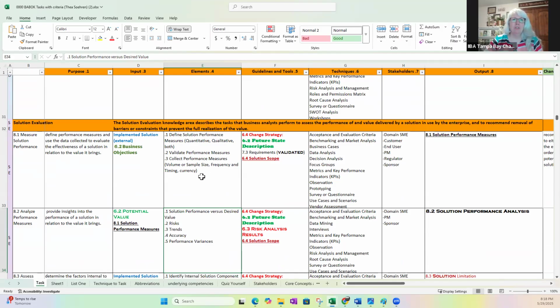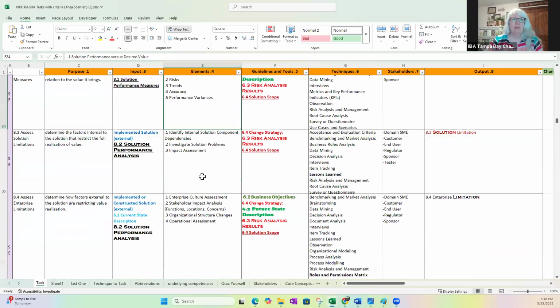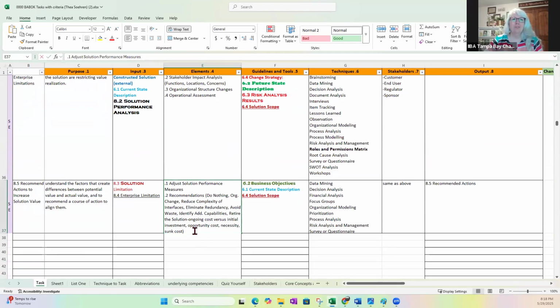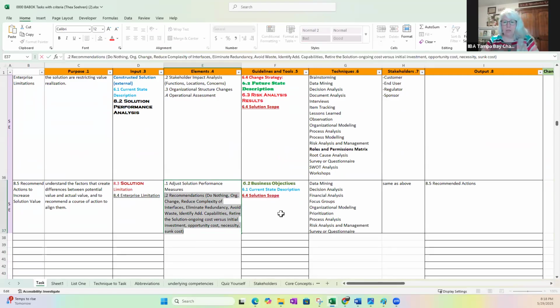You need to understand the definitions of these really well. And then when we get down to recommendations, you need to understand the difference of these. If I were doing this all over again, I would look at one and say, okay, the definition of this one is this. So let me think of a scenario that makes sense to me. Put it into a scenario and then go to the next one and do it that way.